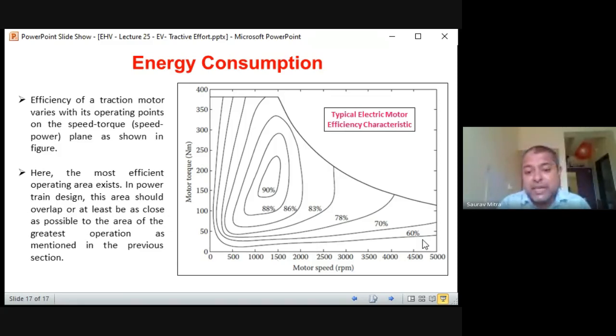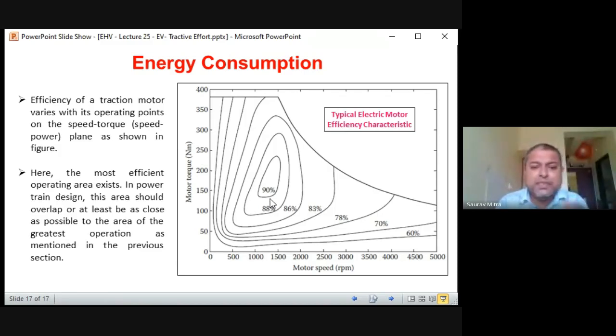Here you find that you can drive the car up to a maximum of 5000 rpm. This 5000 rpm may be around 250 or 200 kilometer per hour. I'm talking about V here, and N is nothing but the rotational speed of the motor.